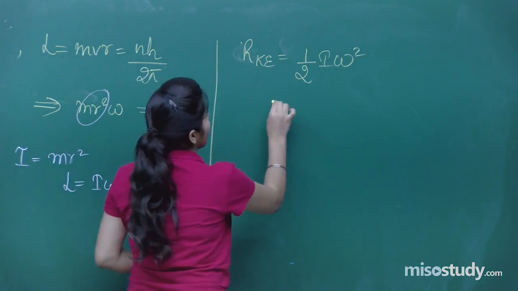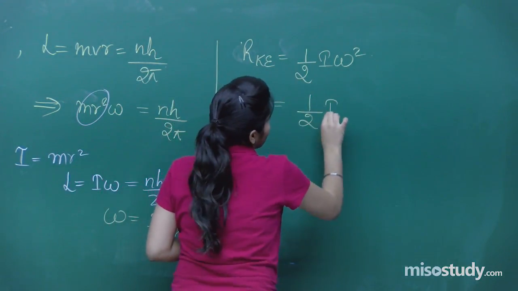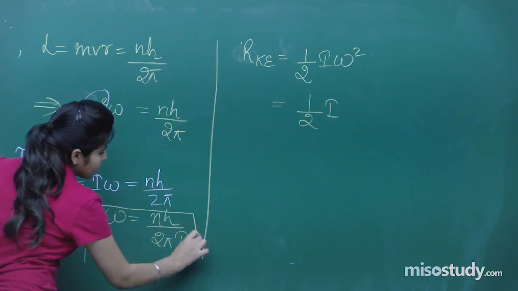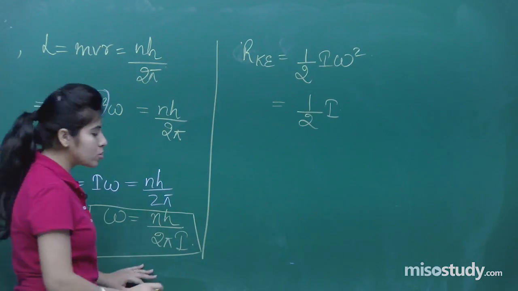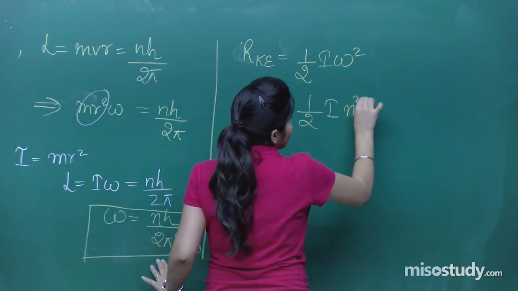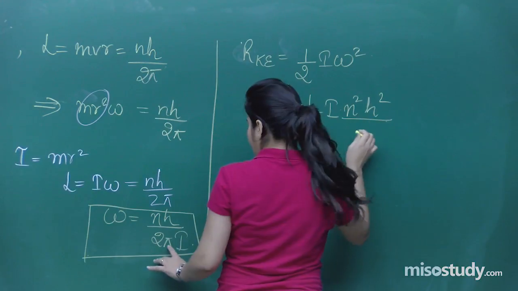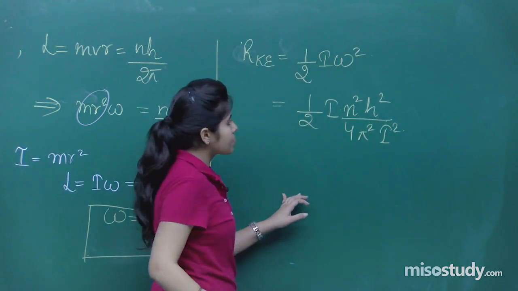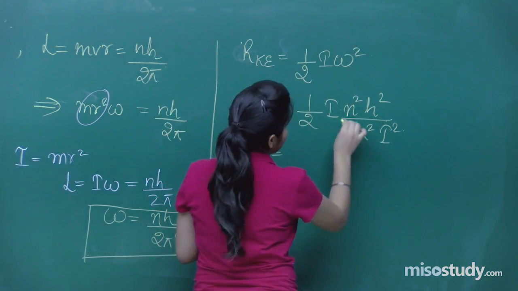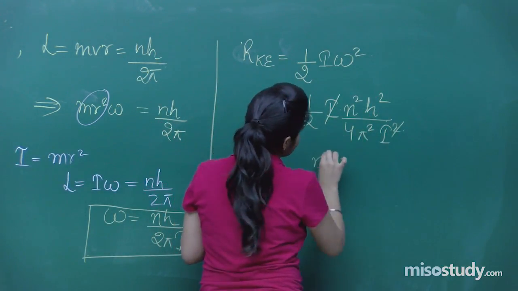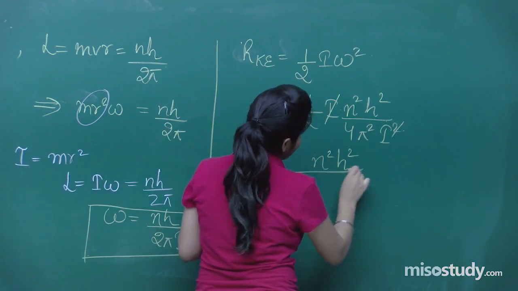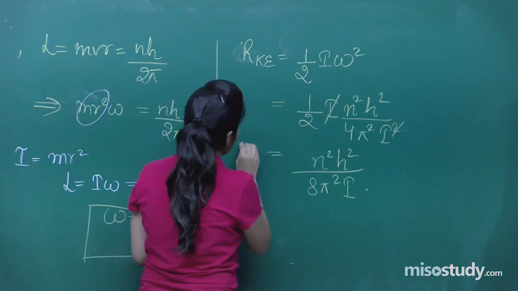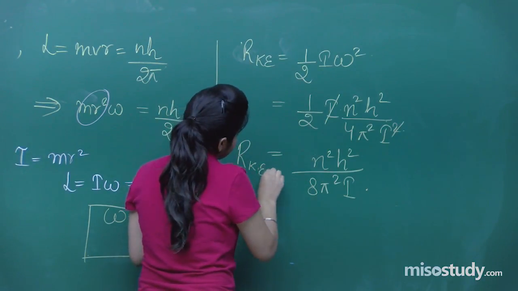So from here I am going to put the value of omega into this. Omega is nothing but nh upon 2 pi I. The value will be n square h square divided by 4 pi square into I square. So this I and I will be cancelled once, giving n square h square divided by 8 pi square I. This will be the rotational kinetic energy.